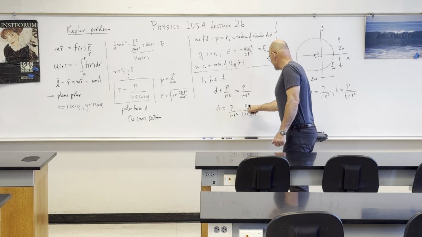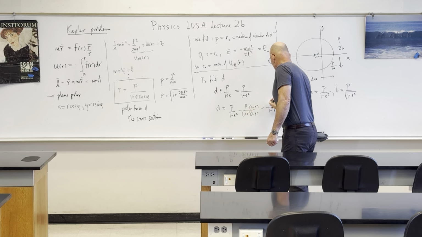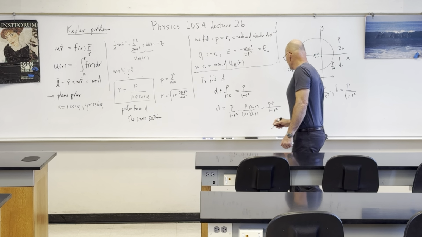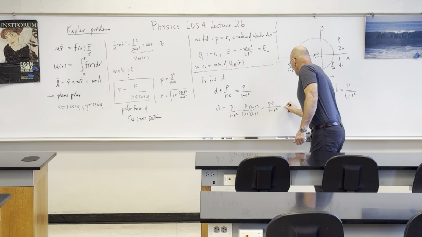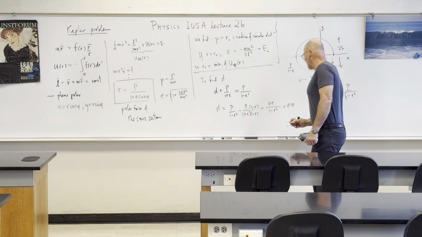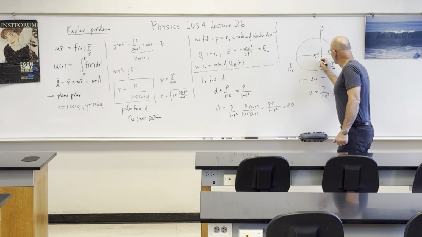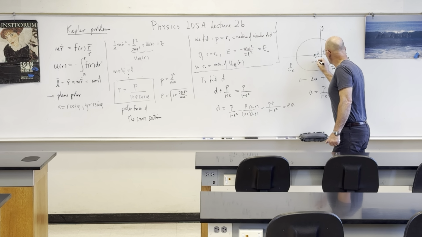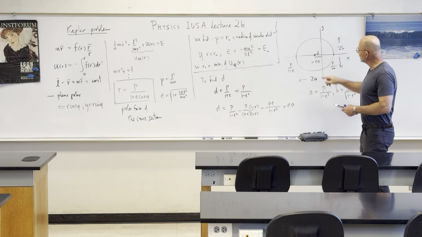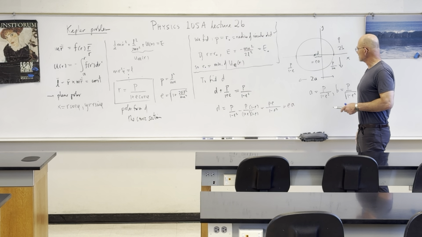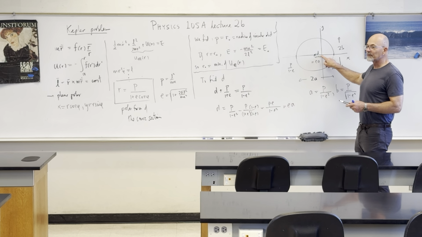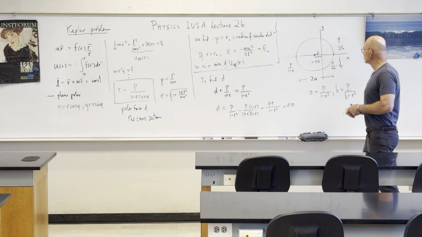P minus P plus E. So P over 1 minus E squared equals E times A. So that's not bad at all. So this distance here equals E times A. When the eccentricity is 0, then you've got a circle around this origin. Otherwise not.